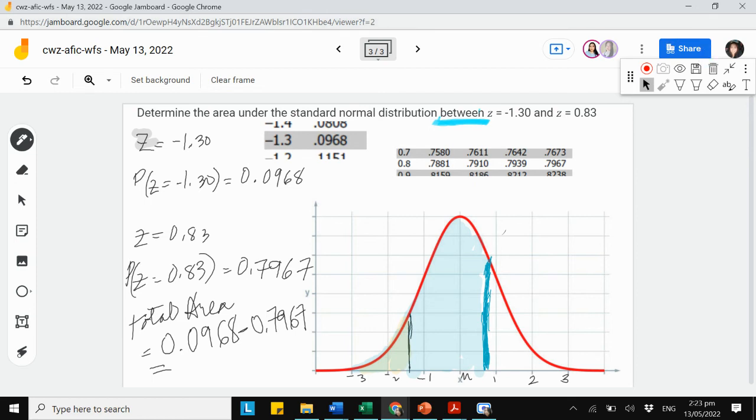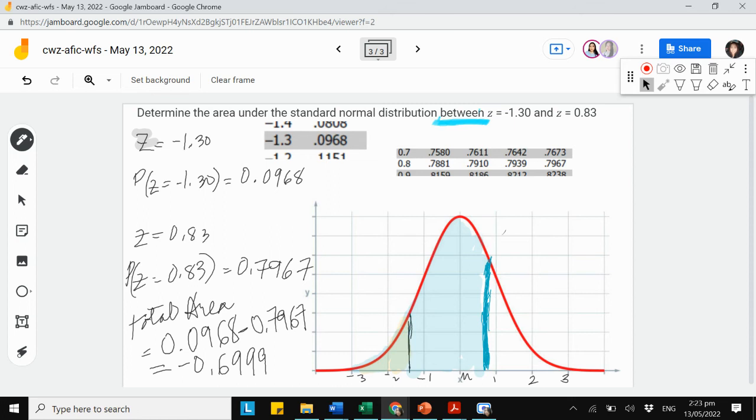Ano yung total area natin? Yes, Kimberly? Negative 0.6999 po, ma'am. Negative 0.699, tatlong 9 po. Ayan. Okay. So, yan ngayon yung pinaka-area noon.